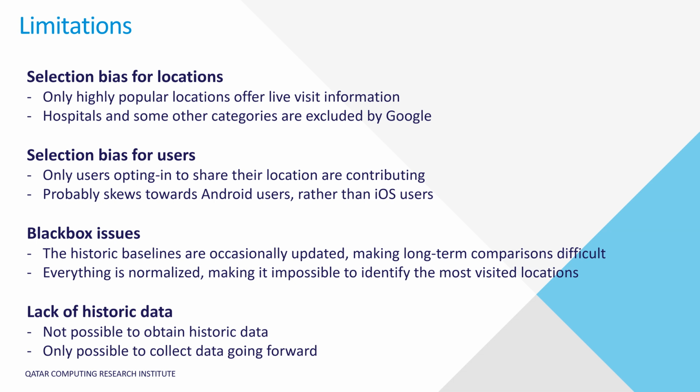Another issue is that everything is normalized, which I already mentioned. So it's impossible to know which location sees the highest number of visits because everything is normalized within a particular location, which might or might not matter depending on the application you have in mind. And then finally, there's no historic data, right?